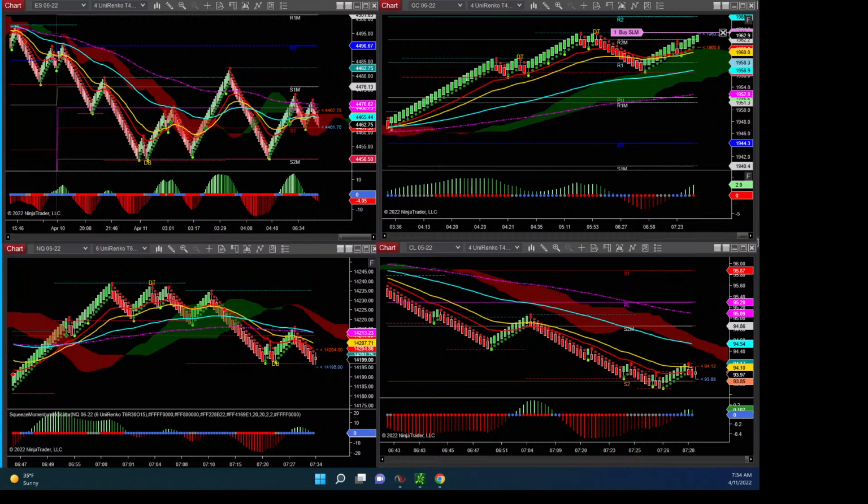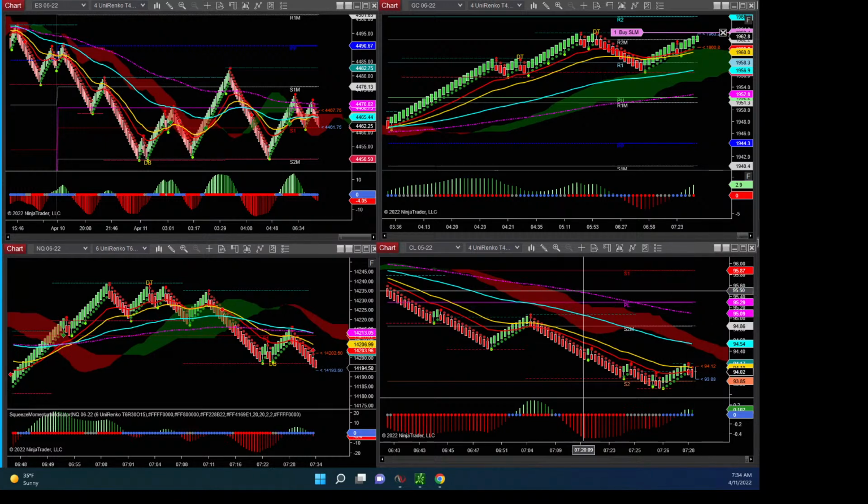If it breaks the double top here, I'm in, and see if it holds it. It's a little bit extended though, but let's see.